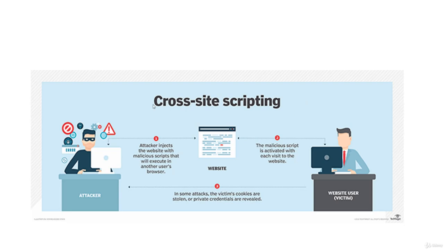Just remember that cross-site scripting infects a particular URL, so anyone who visits that URL will get infected, not all users. In some attacks, the victim's cookies are stolen, or private credentials are revealed to the attacker by gaining access to the victim's computer. This is how cross-site scripting works.